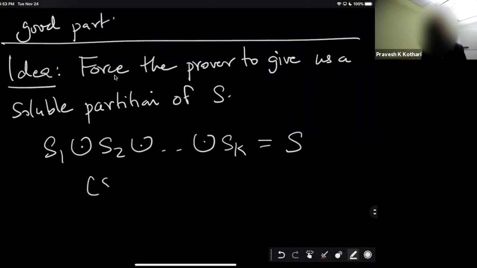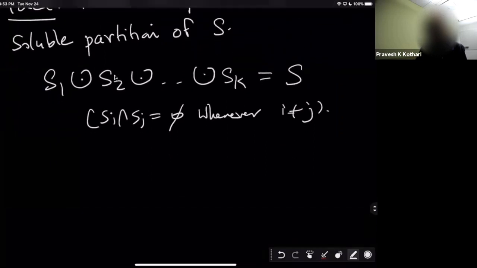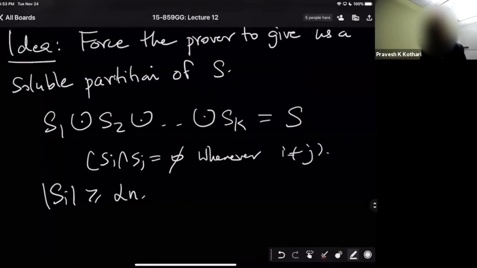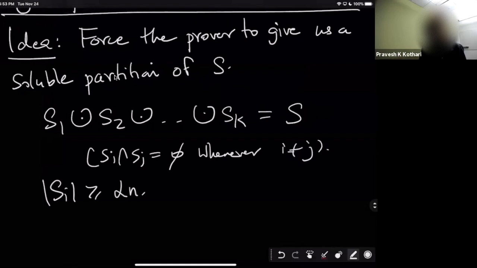So Si intersect Sj is empty whenever i doesn't equal j. And their union equals S. So it's a partition of the samples. And each Si should be of size alpha n. So we will ask the prover to give us a soluble partition.